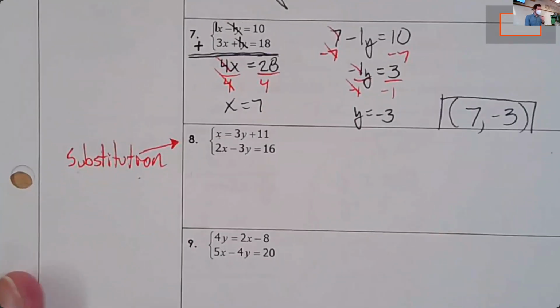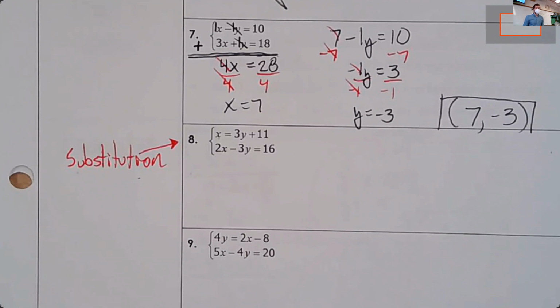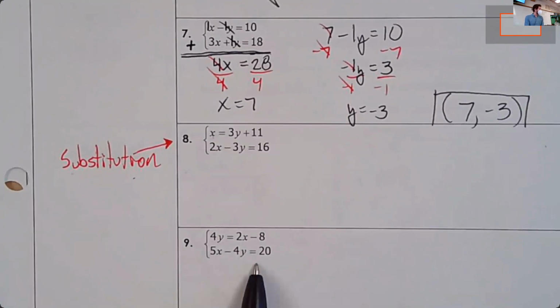All right, moving on. Number 9. We don't have a variable all by itself, but we also don't have everything lined up. The x's and the y's are not lined up nicely. The equal sign is not in the same place either. So we've got to do some work here to make this work the way it should.